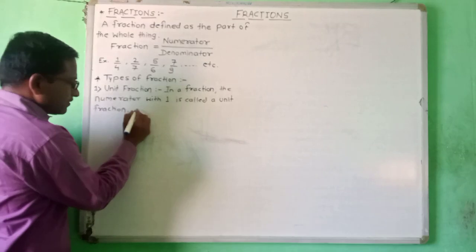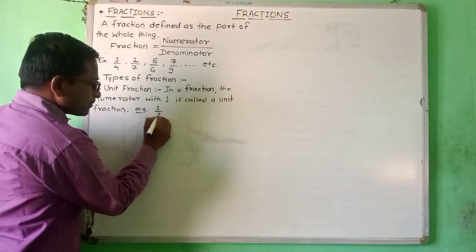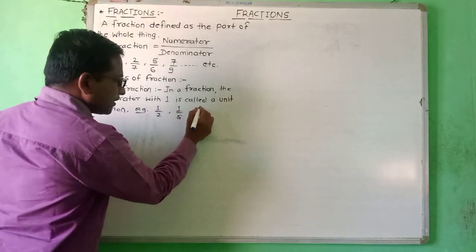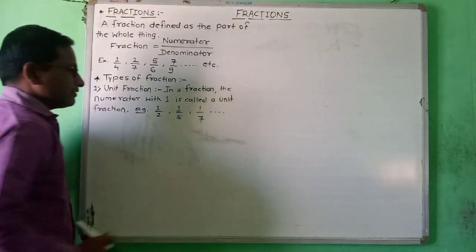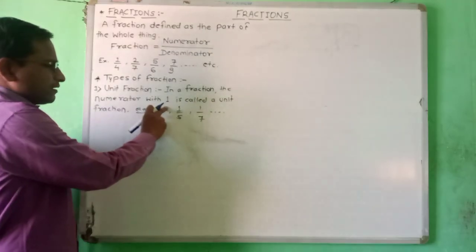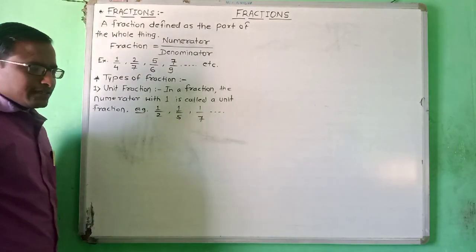For example, 1 upon 2, 1 upon 5, 1 upon 7, all are unit fractions. In a given fraction, if numerator 1 is present, it is called a unit fraction.